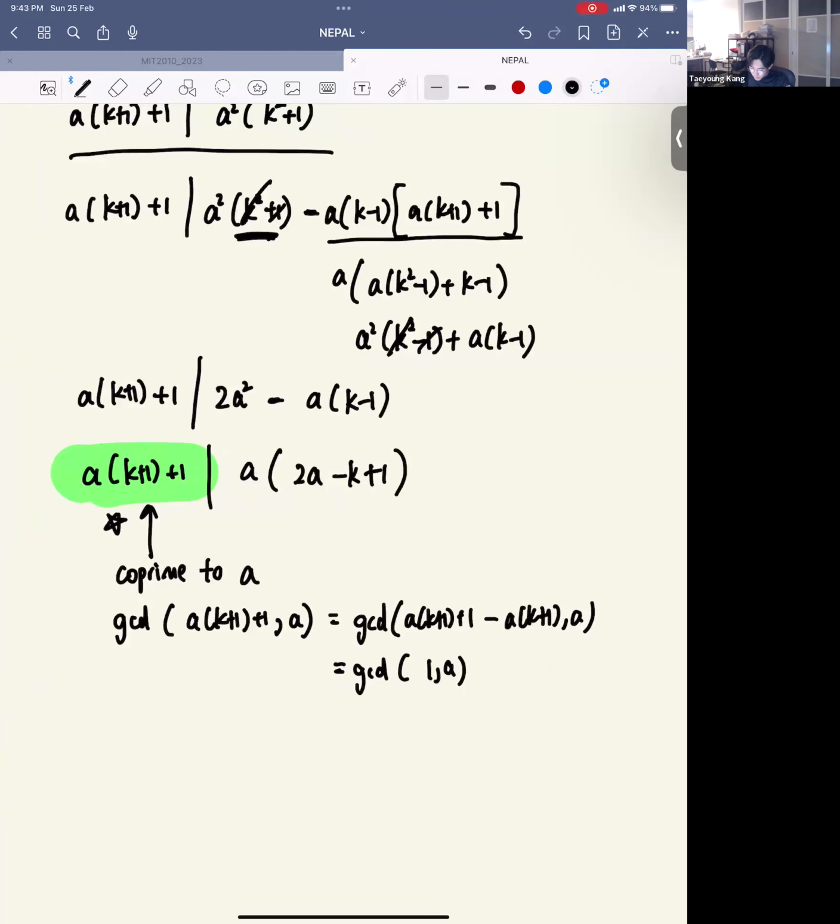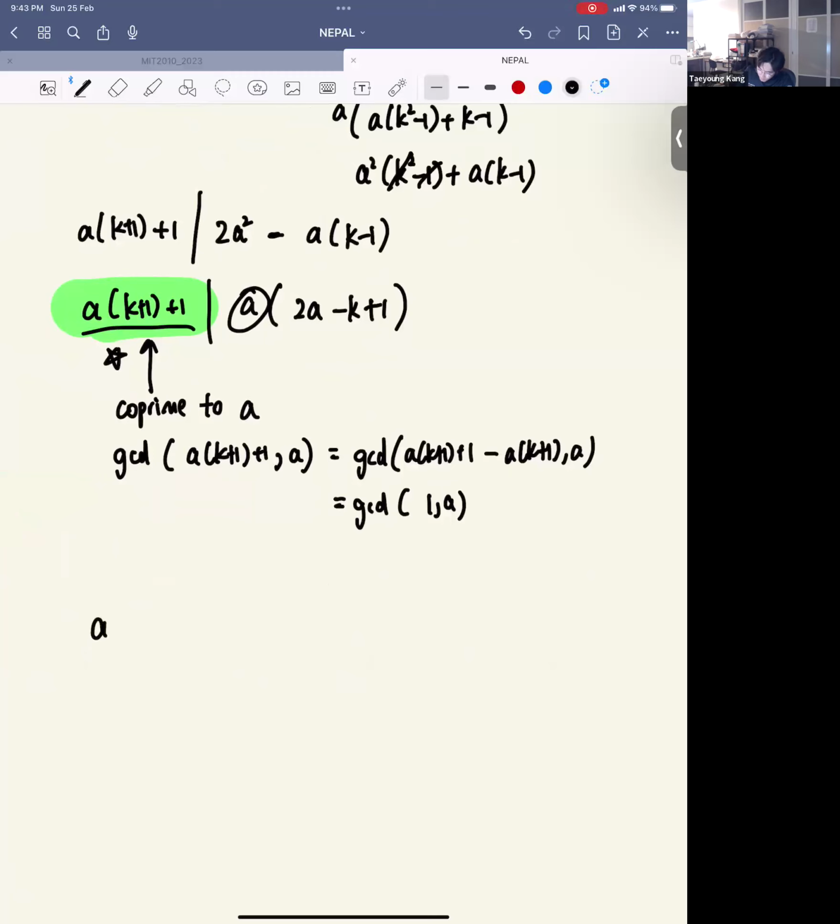So this can never divide A. It doesn't share any common factor with A. So we can just completely divide the right-hand side by A. And we'll get that A(K plus 1) divides 2A minus K plus 1.